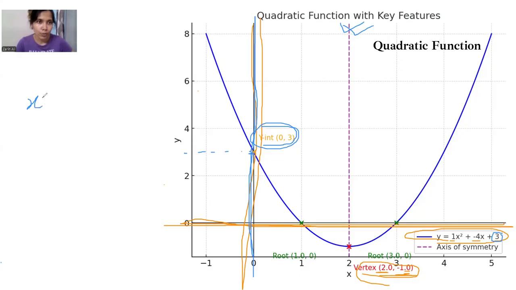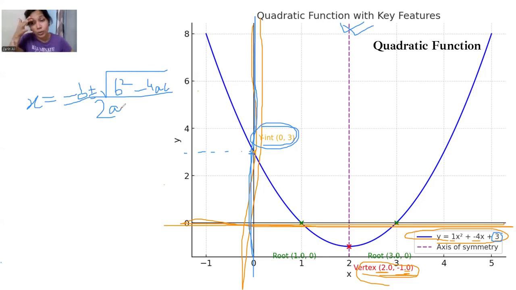So first of all, we also have to calculate the roots. So x equals minus b plus minus root over b square minus 4ac, by 2a. Okay, so before getting into the axis of symmetry, let me also tell you the roots. I think that would speed up the process. So if you just calculate it, you will get this particular thing and this particular thing.